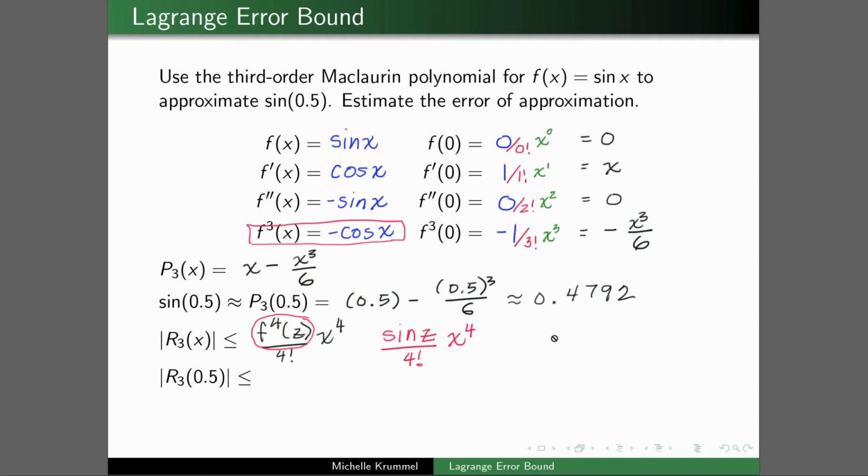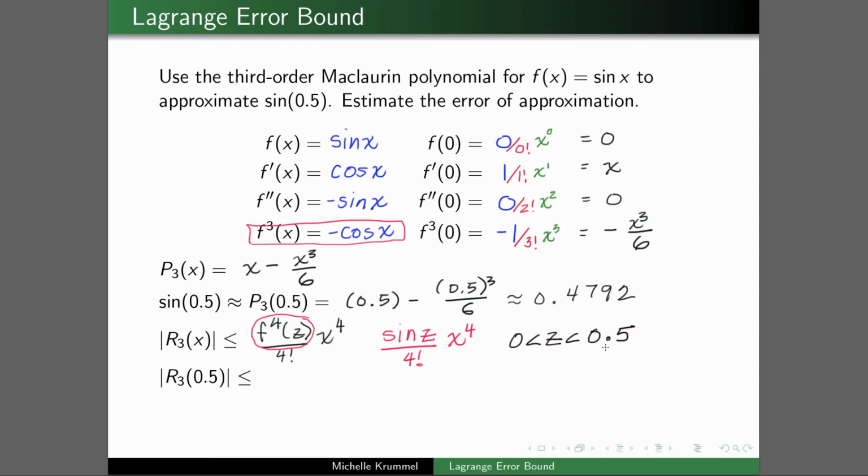Our center, c, is 0, and our x value at which we're making the approximation is 0.5. So we know z is between 0 and 0.5. We need to find the maximum possible value for the sine of z on this particular interval.